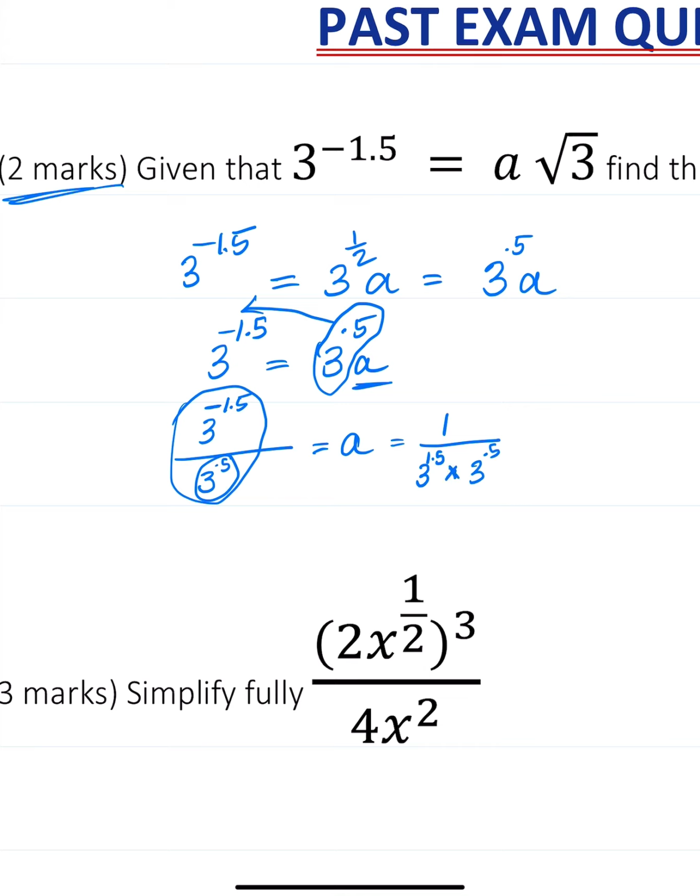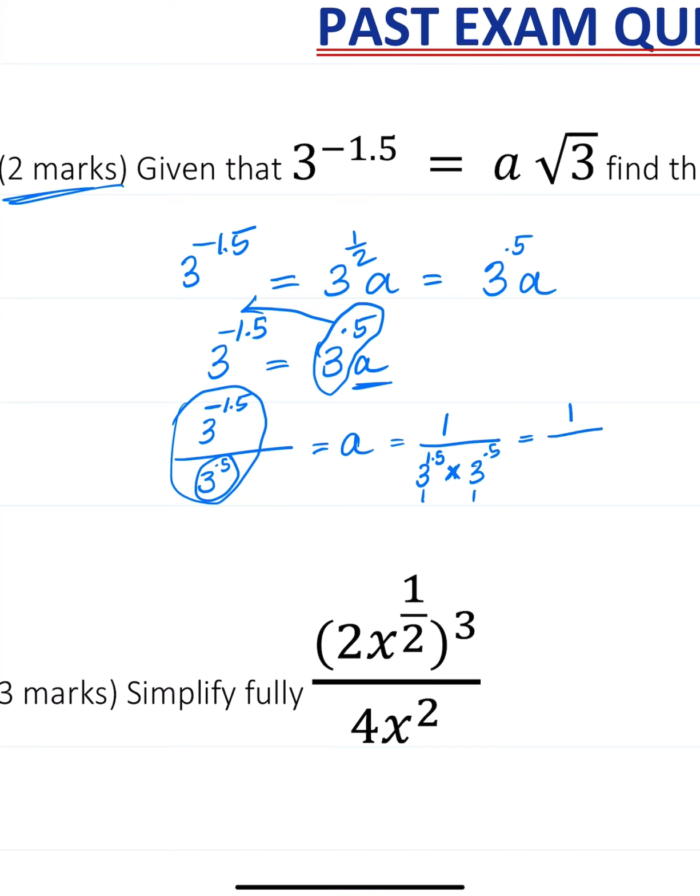So when you have a multiplication, these are all using the rules that we just went over in this lesson, right? When you have a multiplication and the base is the same, you can add these 2 values, right? So let's do that.